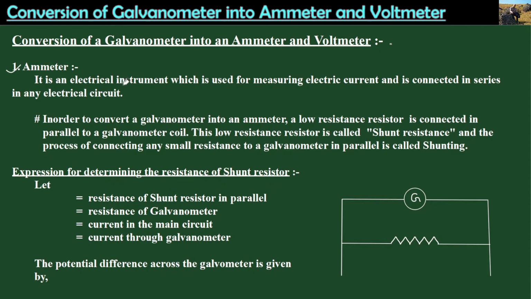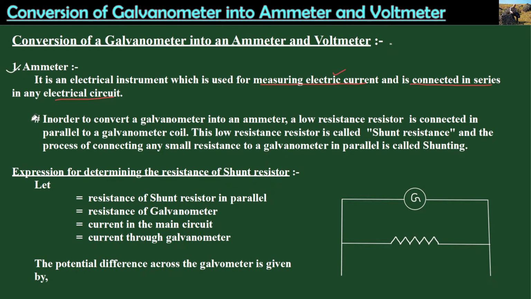An ammeter is nothing but an electrical instrument which is used for measuring electric current. And this ammeter is always connected in series in any electrical circuit for determining the magnitude of the electric current.